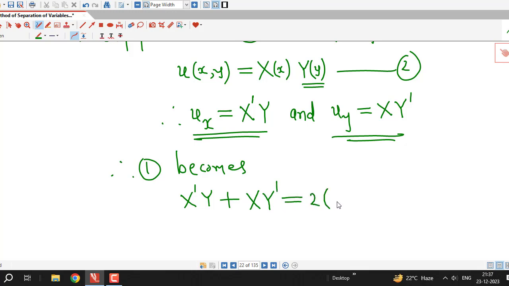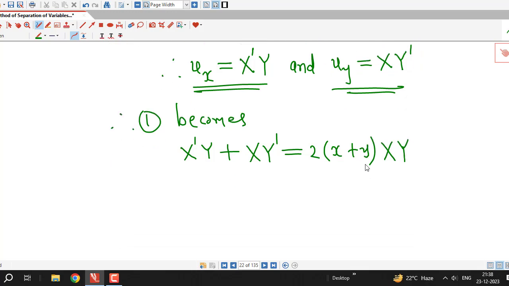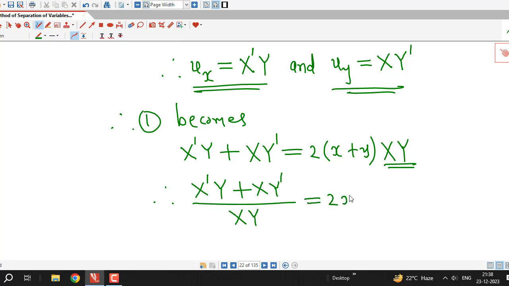Right hand side is 2 times (x plus y) into u, and u will be replaced by capital X into Y. Now we divide this whole equation by capital X into Y. That is, we write one more step, X dash Y plus X Y dash divided by capital X into Y, and here we will have 2 into x plus 2 into y. XY divided by XY is 1.